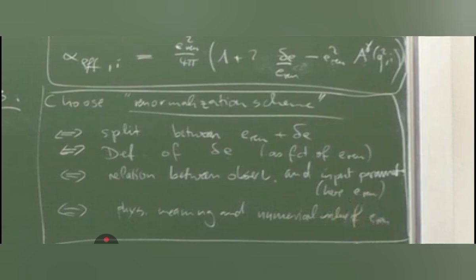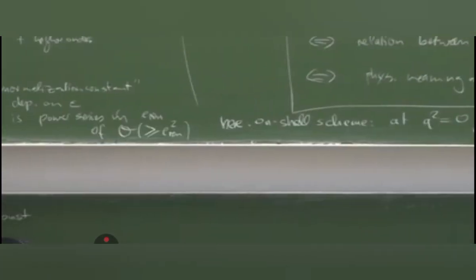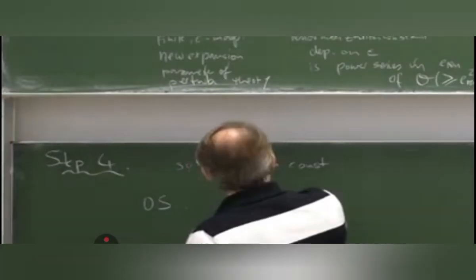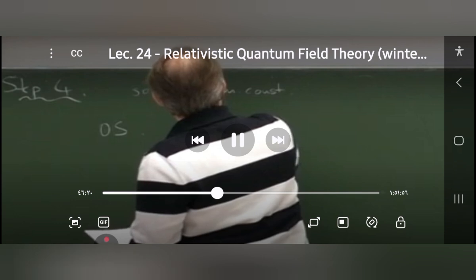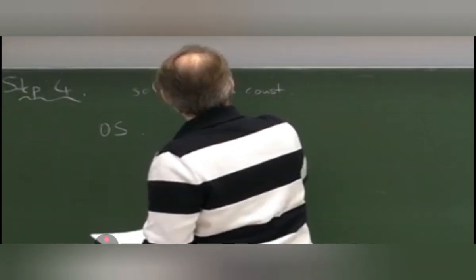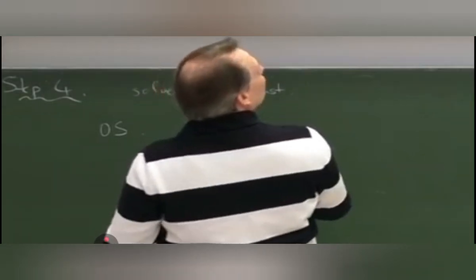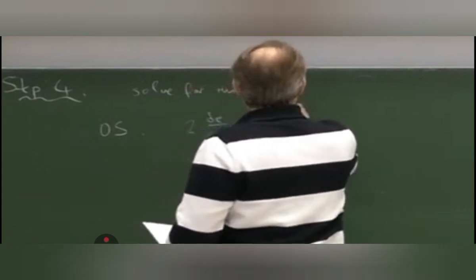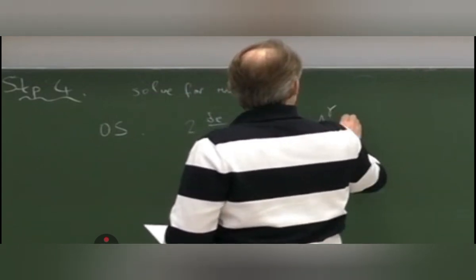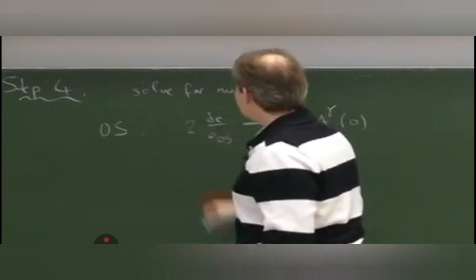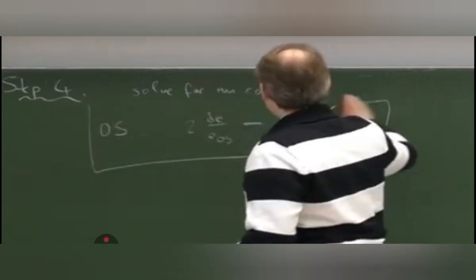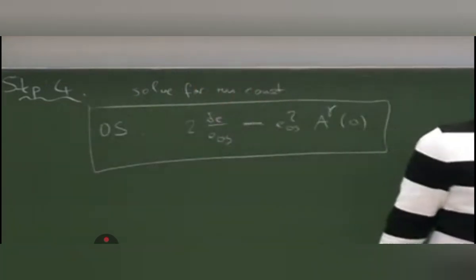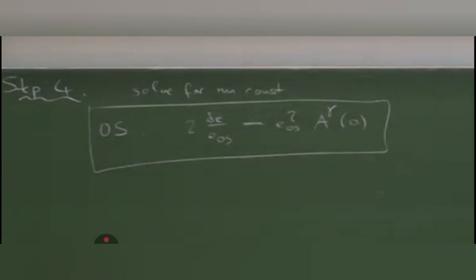And then we have our condition for delta E, namely 2 delta E divided by E on shell must be equal to E on shell square times A gamma of 0. And then we have an explicit formula for our renormalization constant.